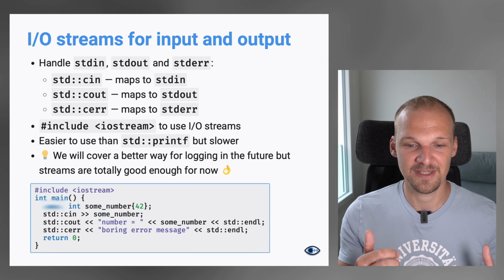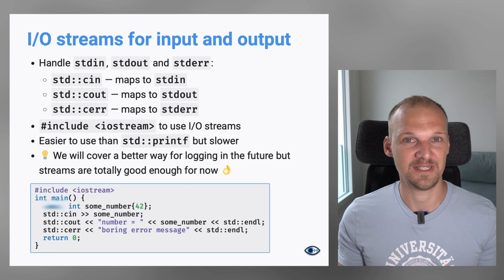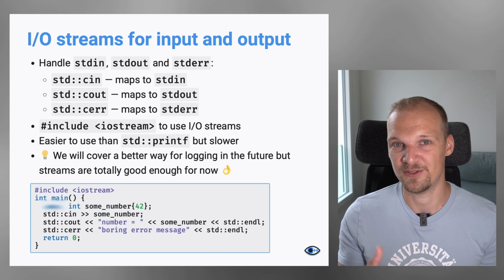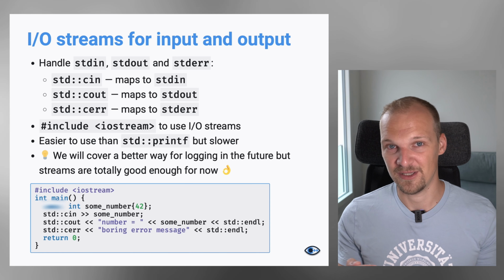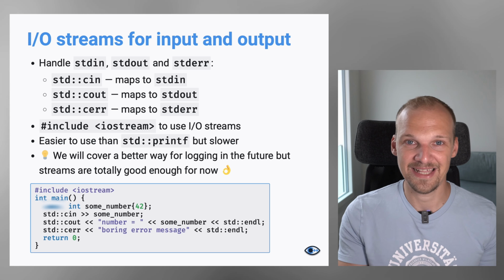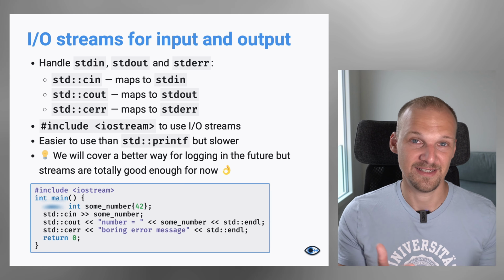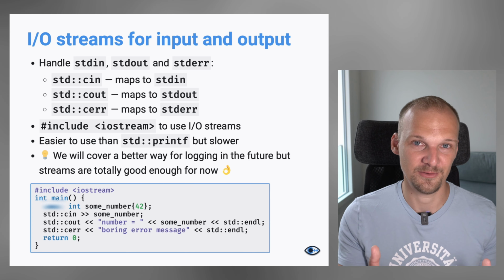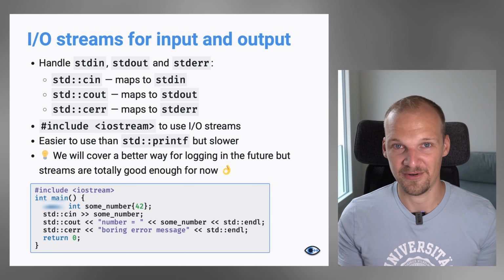If you use the two greater-than operators, that's what you use with cin if you want to read something from the standard input. And if you use the two less-than operators, then this is the operator that you use with cout or cerr to print something to the standard output or to the standard error output.